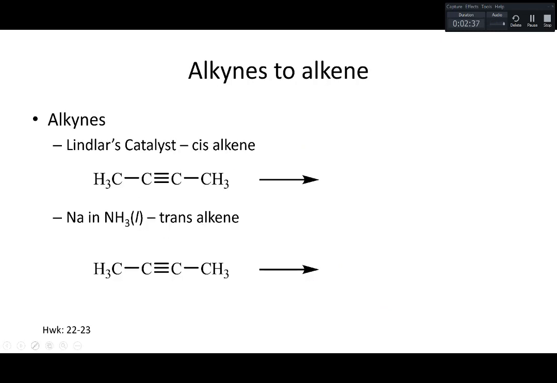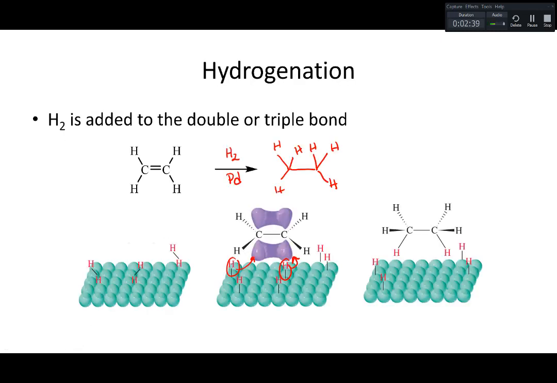For both alkenes and alkynes, the outcome is the same. So if I had used acetylene with this reaction, I would have ended up with ethane, like this. Now that process actually happens in two steps.